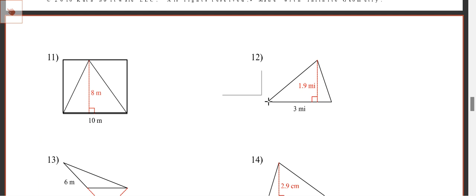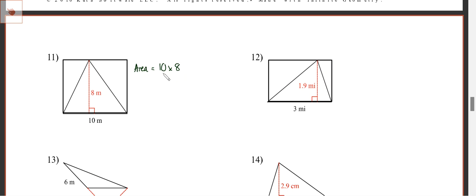So if I was going to do this one, I would turn this one into the rectangle. What do you think the area of this triangle would be? It's going to be 10 times 8, but we only want half of that.